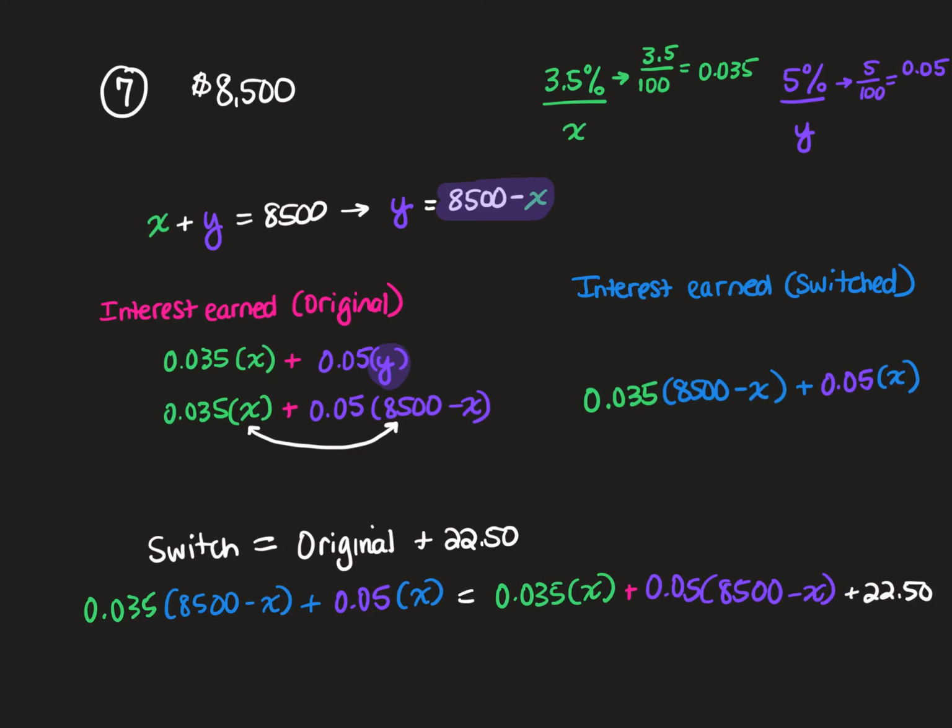Now you've got an equation. You can solve that for X. Once you know how much is invested as an X amount of dollars, you can figure out how much is invested with Y amount of dollars.